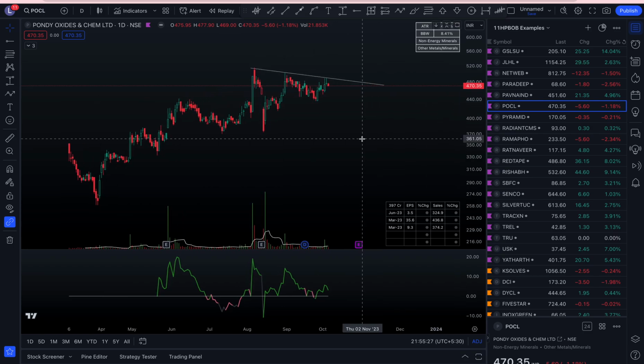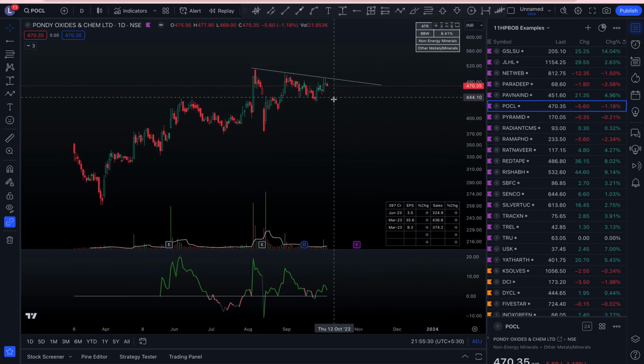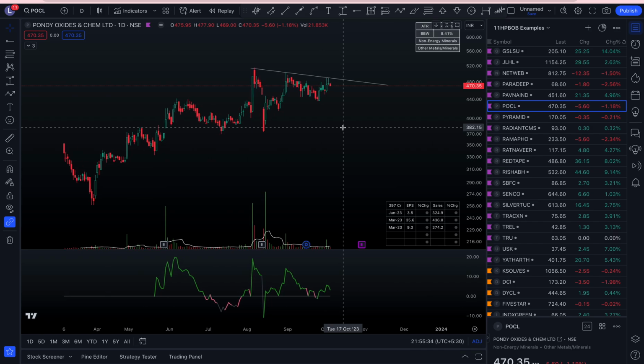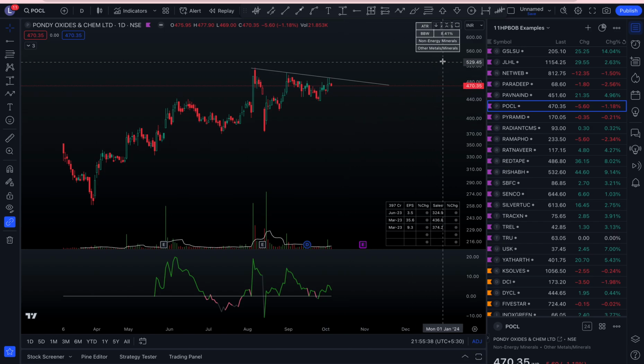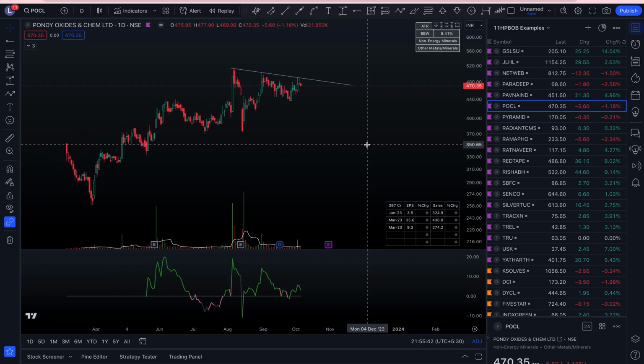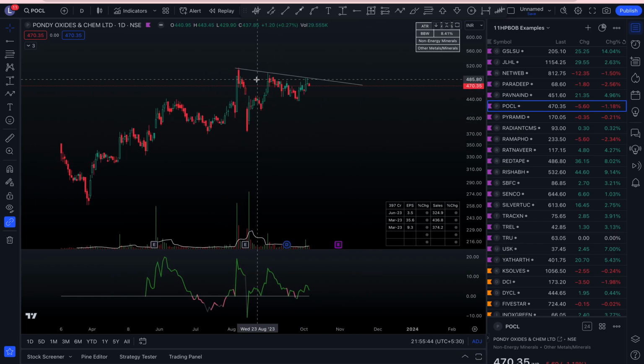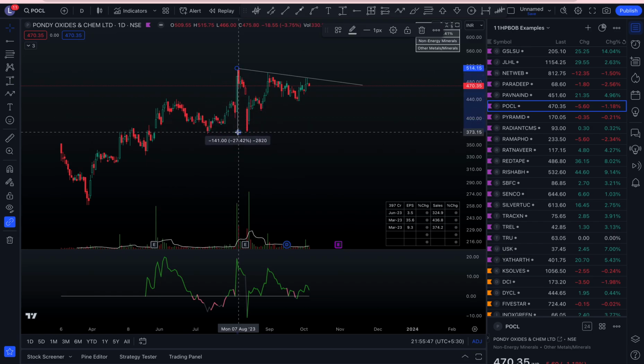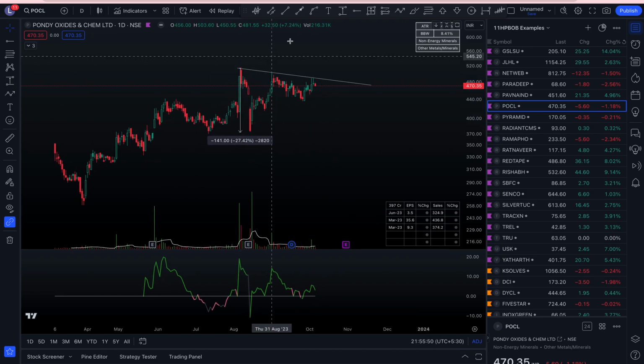Pondy Oxide. This is a peak, right? And it also has a bit of a fundamental tailwind, I suppose, because this is from recycling, right? I think recycling is going to make some noise now. It'll be more clear in days to come.